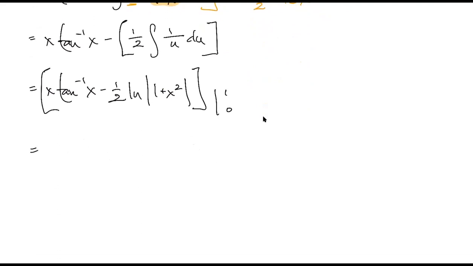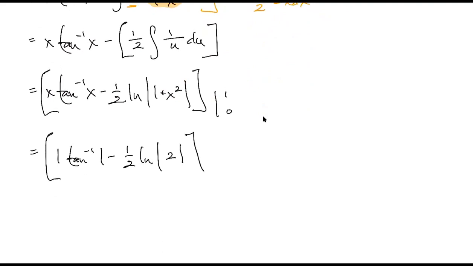Okay. So I've got 1 times arctan of 1 minus 1/2 natural log of 1 plus 1 squared, which is 2, minus 0 times arctan of 0 minus 1/2 natural log of 1 plus 0 squared, which is 1.